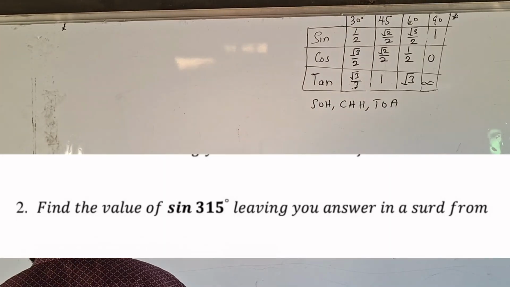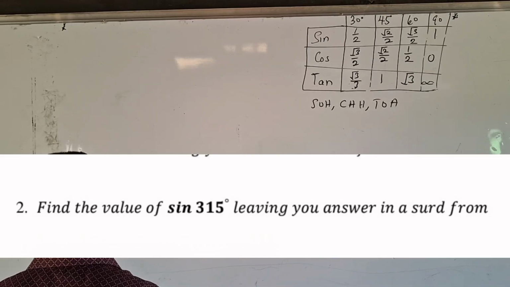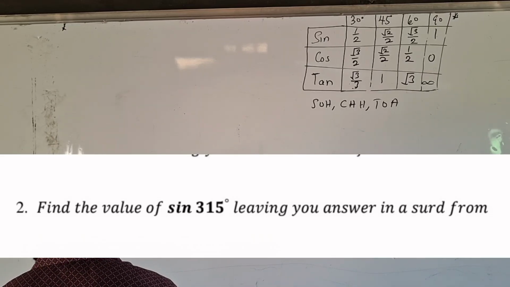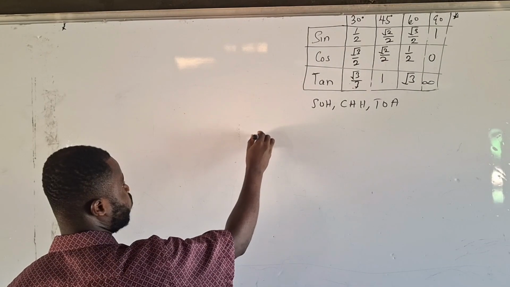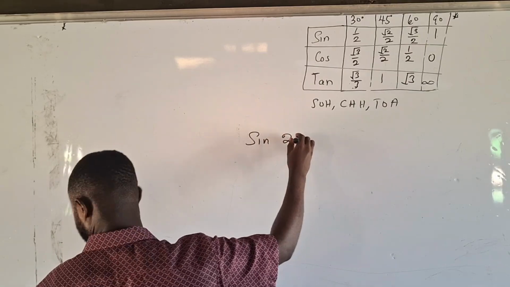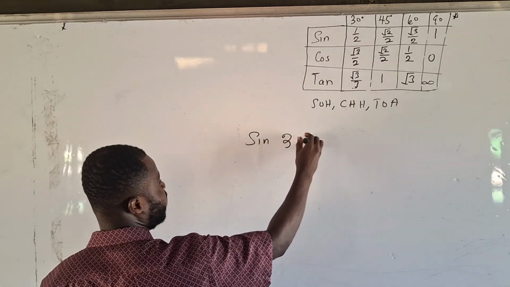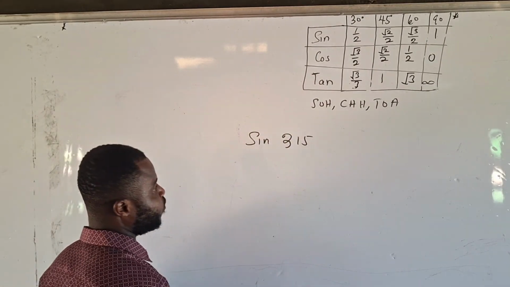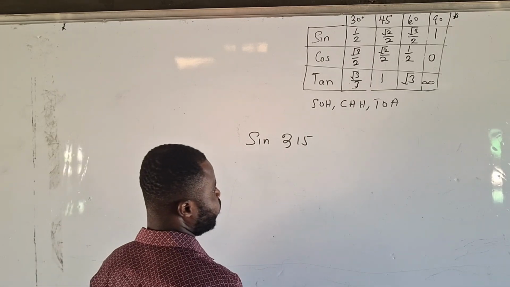The second question posted on the screen says find sine 315, leaving your answer in surd form. So this one is sine 315.